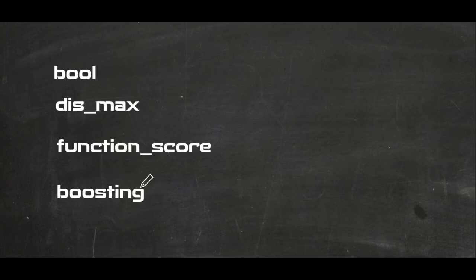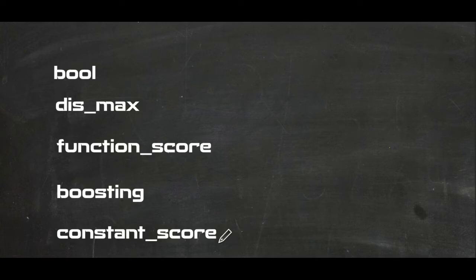If anything matches under positive boosting, it will increase the relevancy score, and if it matches with negative boosting, the relevancy score will be reduced. And next one is the constant score query. When you want a particular type of query to provide some constant relevancy score, then it is useful.